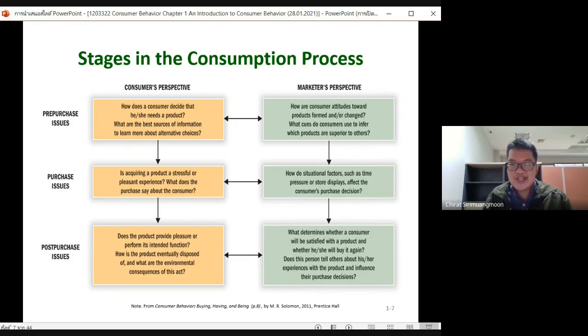Later, during purchase, marketers focus on the time, the pleasure, and the store display that affect decision making. That is the reason why department stores are decorated: marketers did their job. Last, marketers determine whether the consumer is satisfied with your products or wants to buy them again or not. These are the things that happen for marketers.